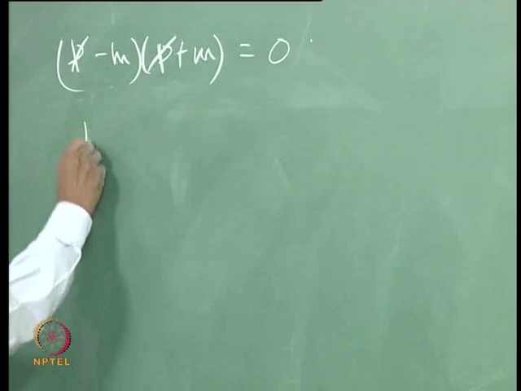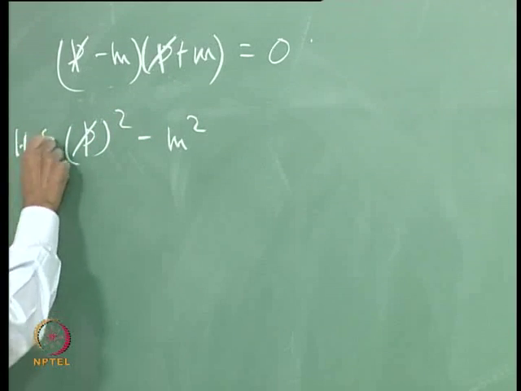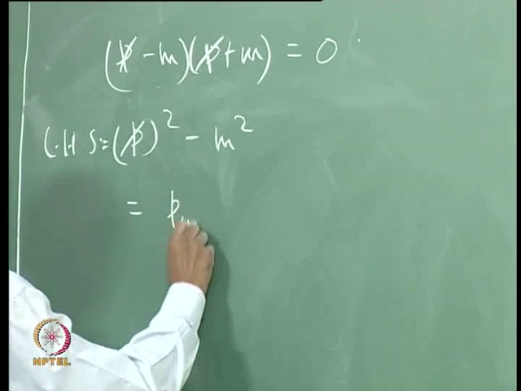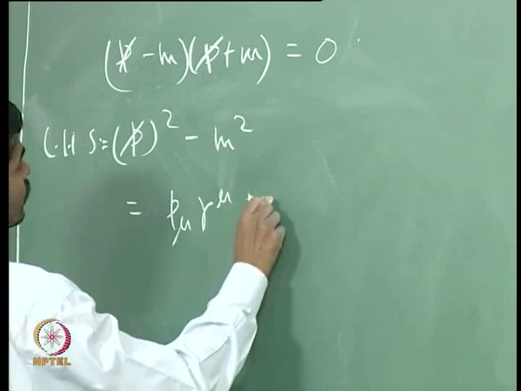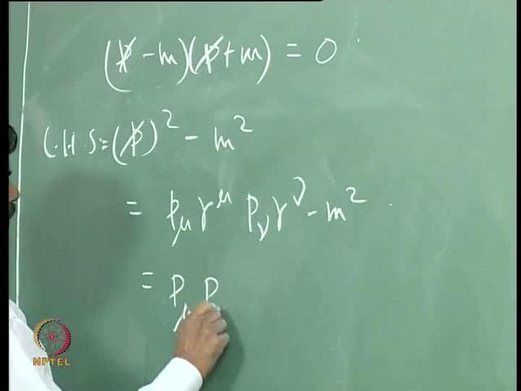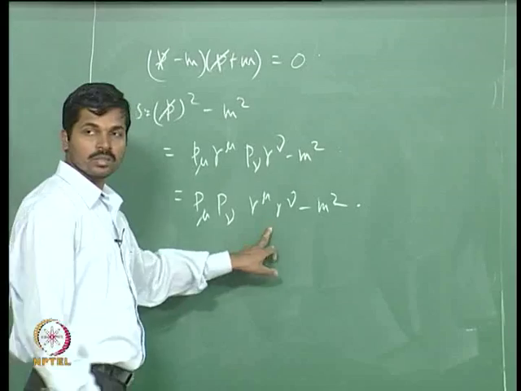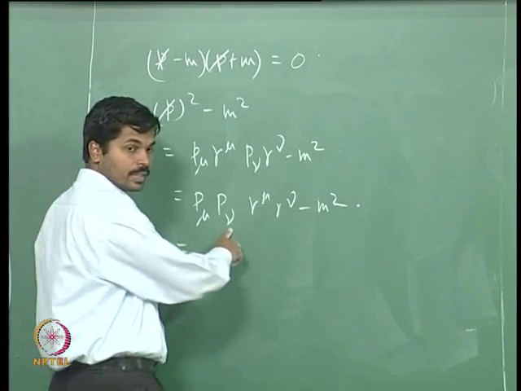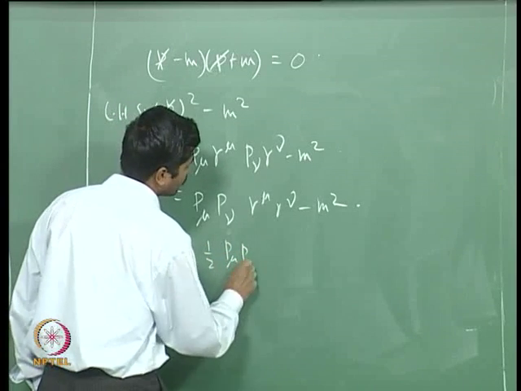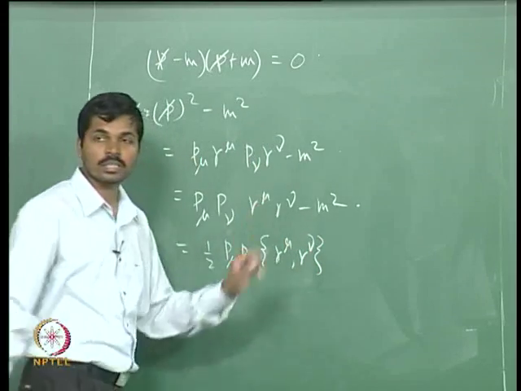This is nothing but p slash square minus m square, but p slash square is p mu gamma mu p nu gamma nu, minus m square. So, this is p mu p nu gamma mu gamma nu minus m square, but because of the symmetry here you can write it as half p mu p nu anticommutator of gamma mu gamma nu for the first term.